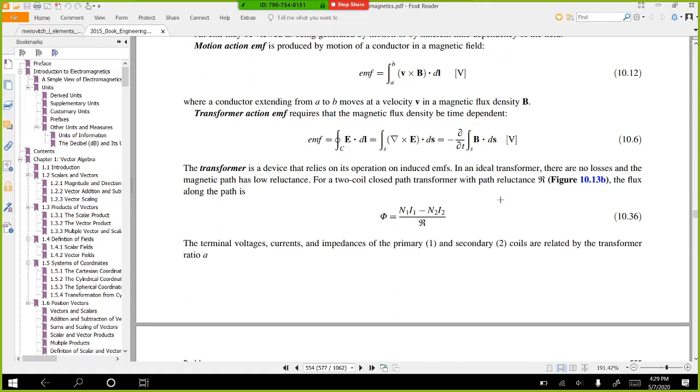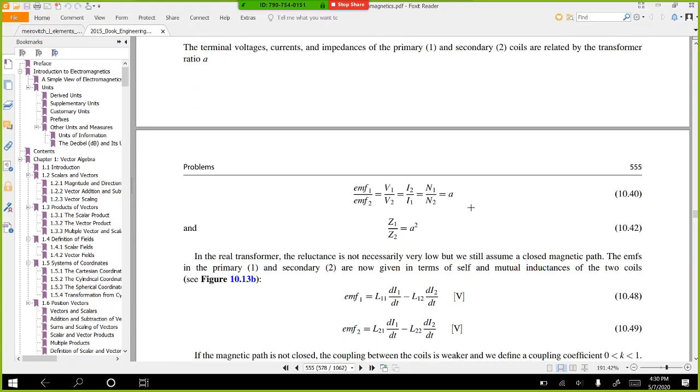We have also studied transformers. The general equation for flux inside the core of the transformer is given as this.